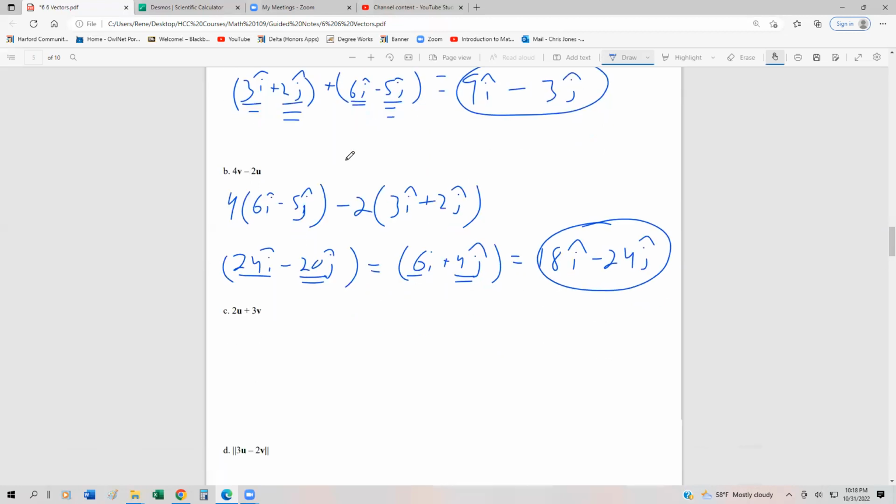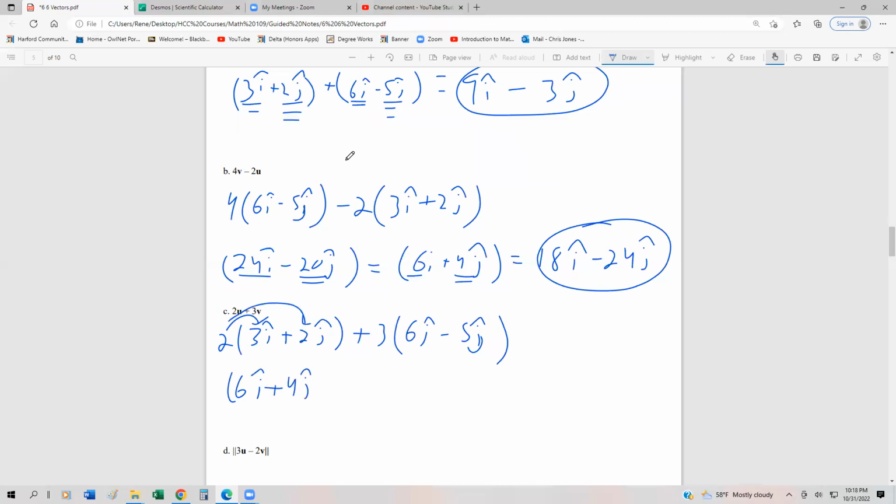2u plus 3v, we would have 2 times the quantity of u, which is 3i plus 2j, plus 3 times the quantity of v, which is 6i minus 5j. If we distribute through, 2 times 3 is 6, 2 times 2 is 4.